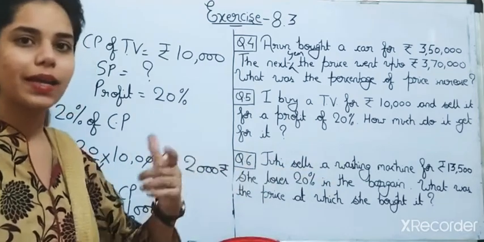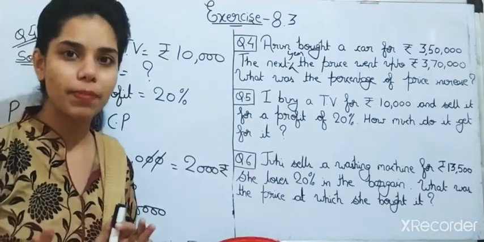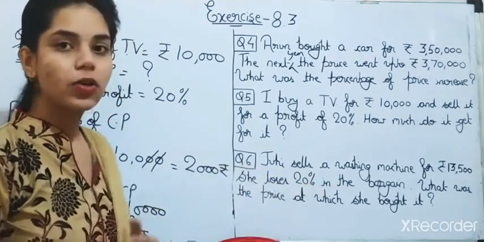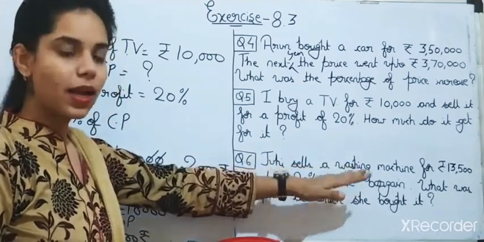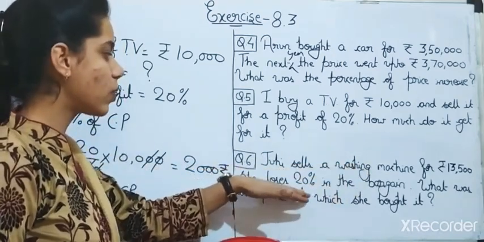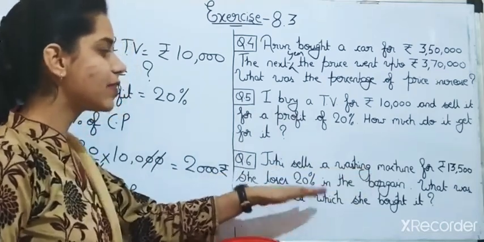This is known as bargaining, means a change in price. A person says to give it for less than the actual price. So that is bargaining. So Juhi loses 20% in a bargain. So what was the price at which she bought it?